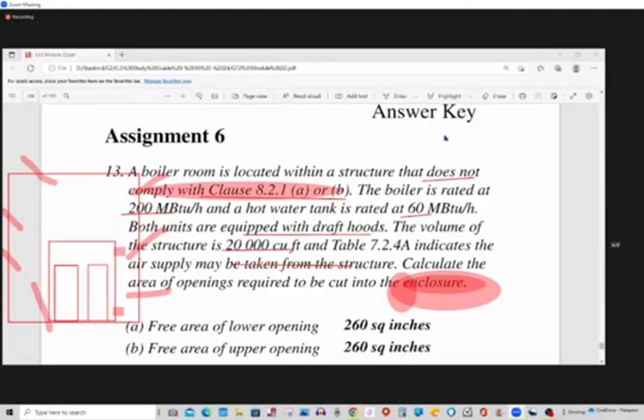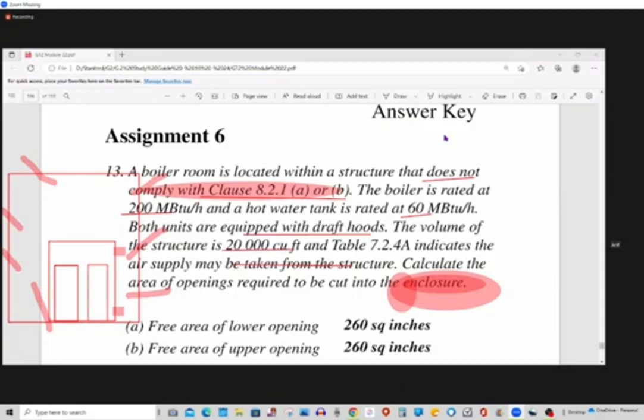Let me explain it one more time, please. In loose house, we have table 8.3 and 8.4. 8.3 is with draft control, 8.4 without draft control. And in loose house, they mention the cubic feet of the house.